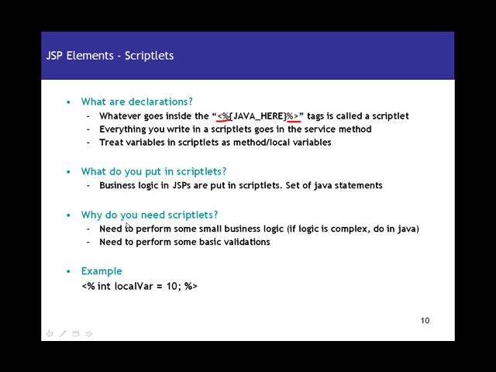And when we say we want to produce some dynamic content, we mean that we need to perform some kind of validation, some kind of business logic processing, so that we can generate an output based on the user input, right? So for that we need some kind of business logic. So that's where scriptlets come into the picture. Okay. So we need to perform some basic validations. So this is a basic example of a scriptlet where we've declared a local variable called local var and assigned a value of 10 to it.